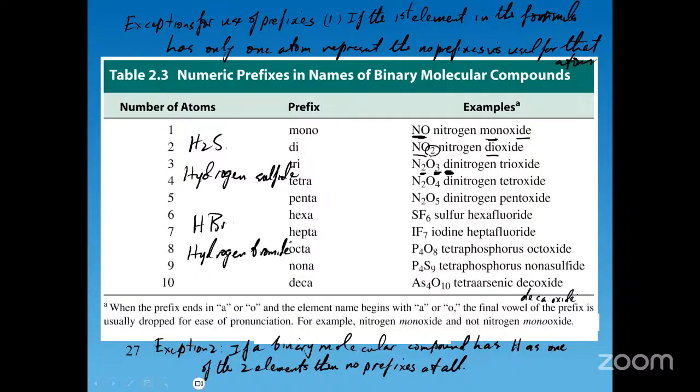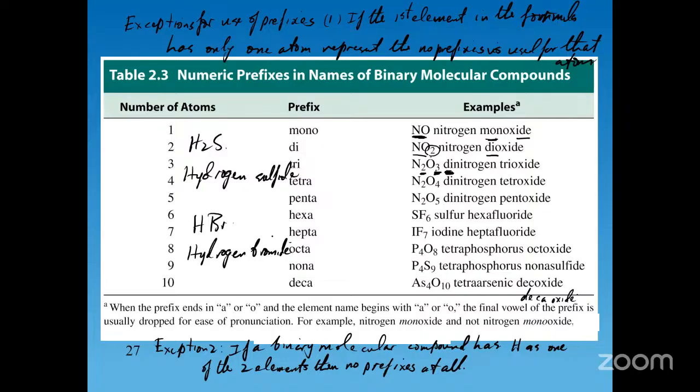All right? So that's basically how we name binary molecular compounds. If one of the 2 elements is hydrogen, no prefixes are used whatsoever. We're going to meet hydrogen-containing compounds later on when we are discussing acids, because these rules are important when it comes to naming these compounds and naming the acids formed from them.